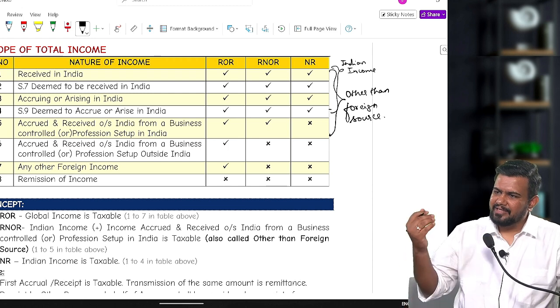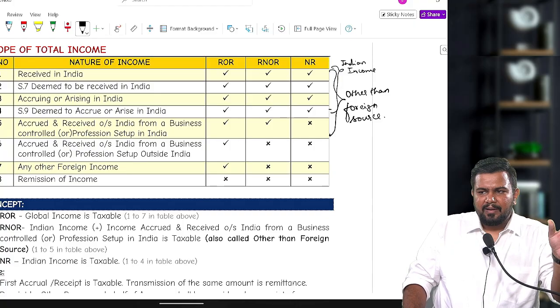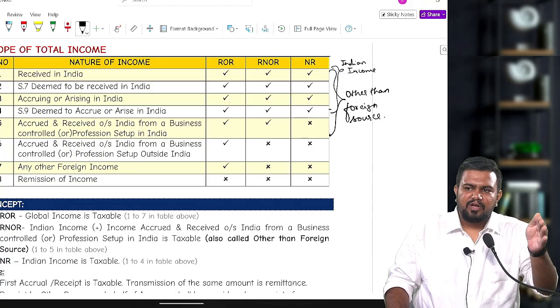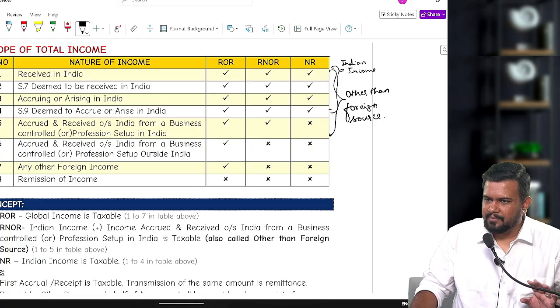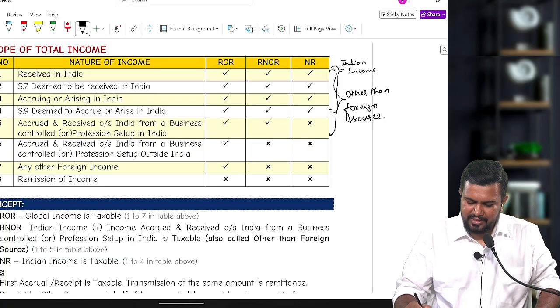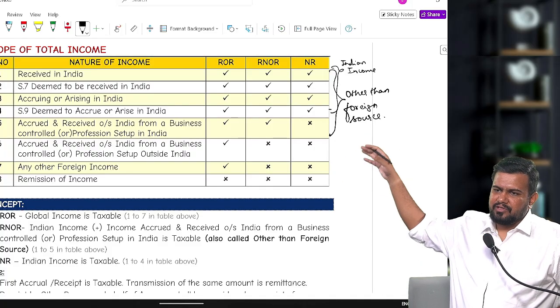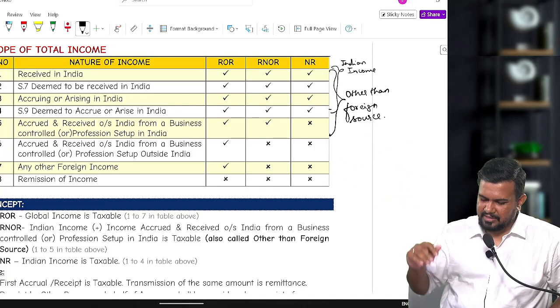Indian income is always other than foreign source. Other than that, if it is foreign income but from a business controlled or profession set up in India, that is also called other than foreign source. So these 5 categories are only other than foreign source. This you have to calculate within 15 lakhs or above 15 lakhs for residential status.